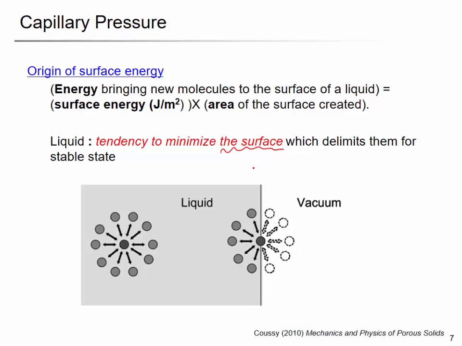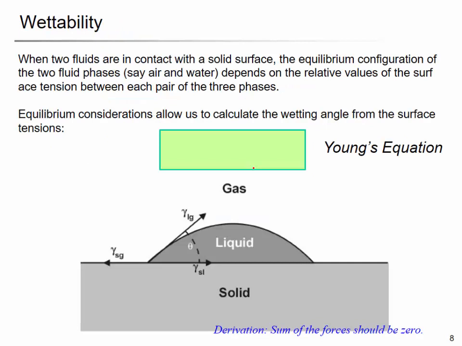So then let's talk about the wettability concept. When fluids are in contact with a solid surface, the equilibrium configuration of the two fluid phases, let's say the air and water, depends on the relative values of the surface tension between each pair of the three phases. So in this case, let's say that this is the water and the air and maybe glass.